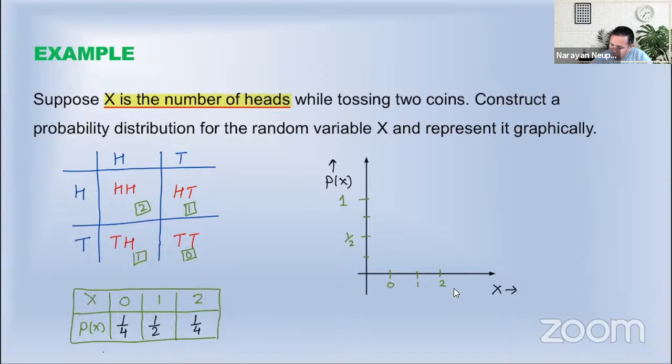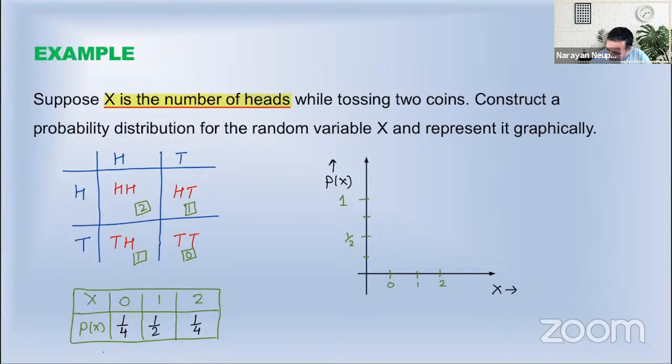Once we have that, we need to draw the graph. Your graph is like a histogram. It's not a histogram, it's a probability distribution graph. But what I'm trying to say is you have to draw a bar for each probability, and the bars must be connected. For 0, the probability is 1/4.